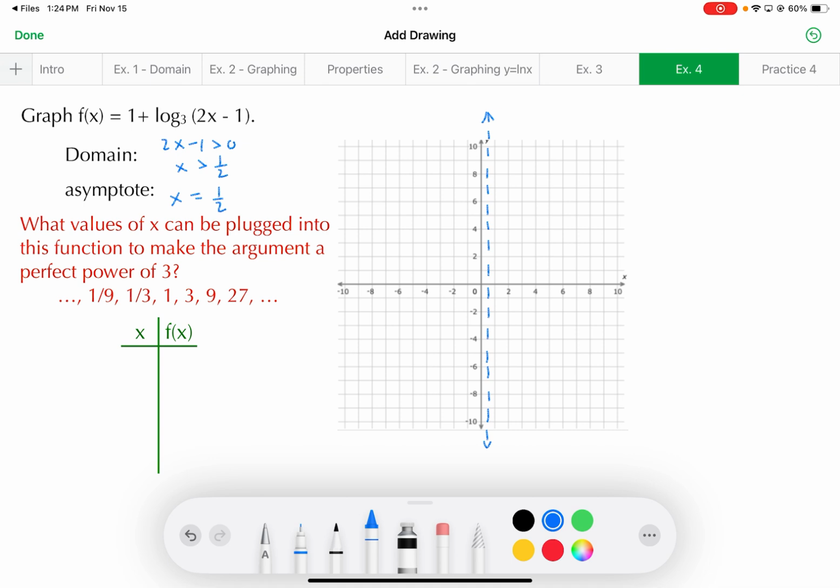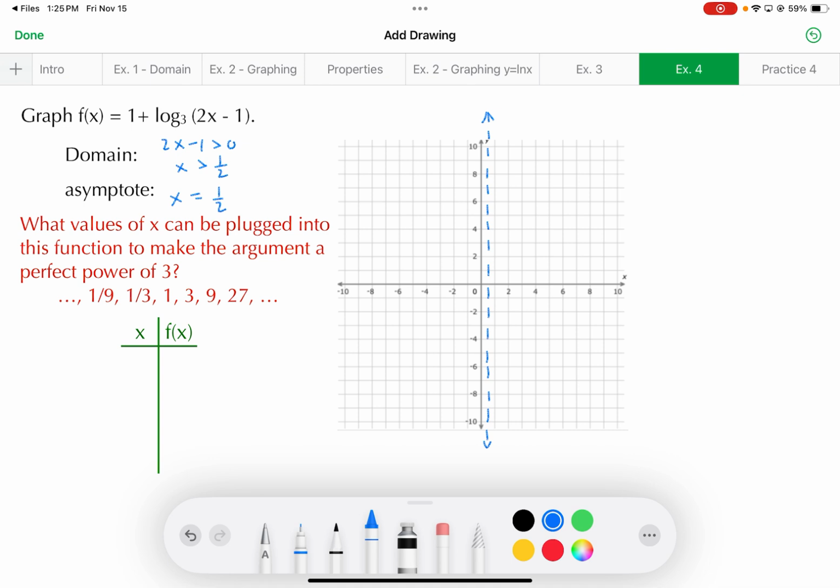Now the base of this logarithm has changed. It's now a 3. So I need to be focusing on perfect powers of 3. What numbers can be plugged in for x that will make that argument of 2x minus 1 turn into a perfect power of 3?